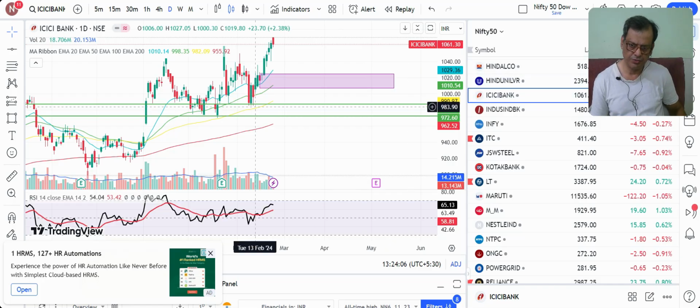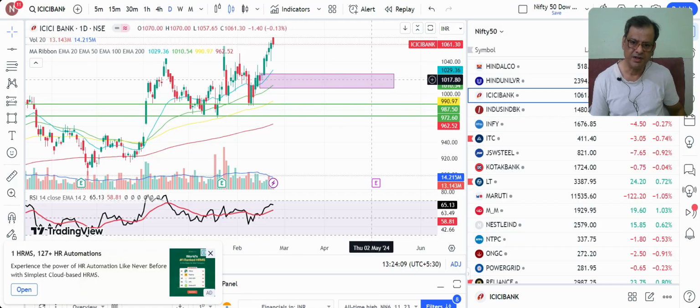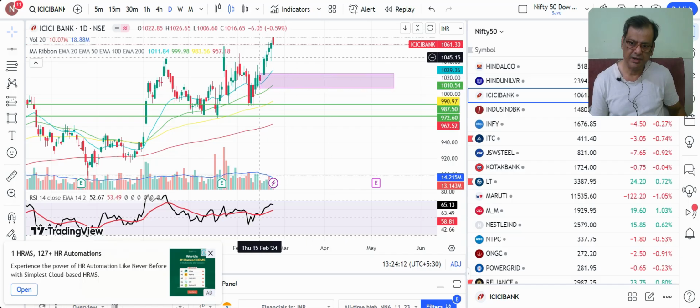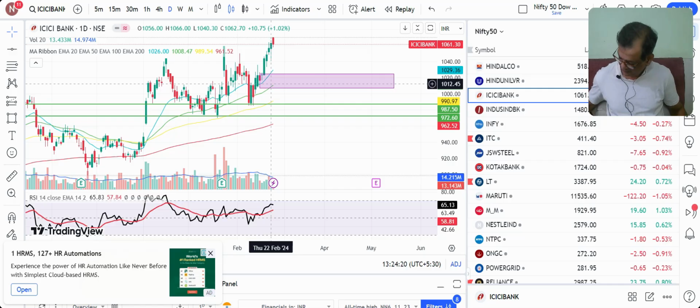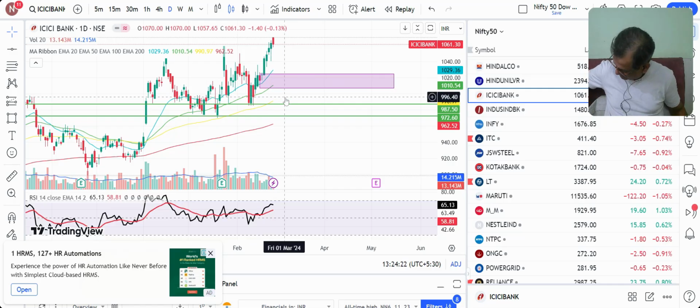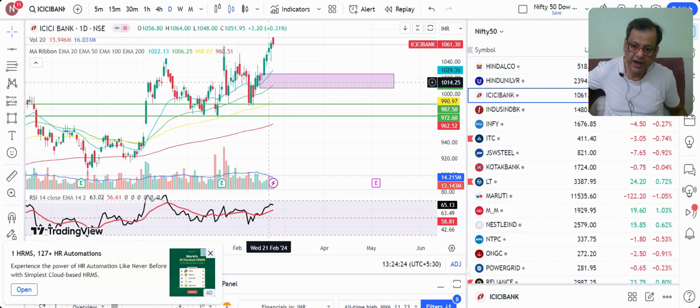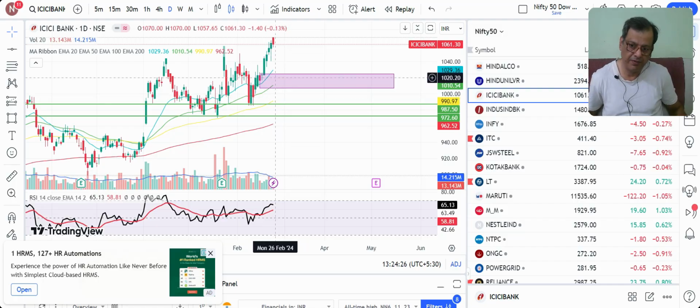So I hope you understood what is the support where prices bounce off, and what is the demand zone, where there is a rally base rally or a drop base rally after a base, where there are unfulfilled orders still there. The orders got filled right up to the low of this candle, but there could be orders here.